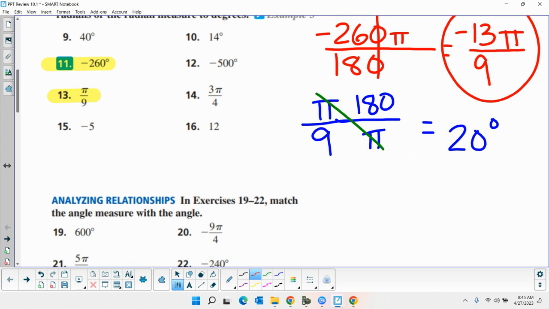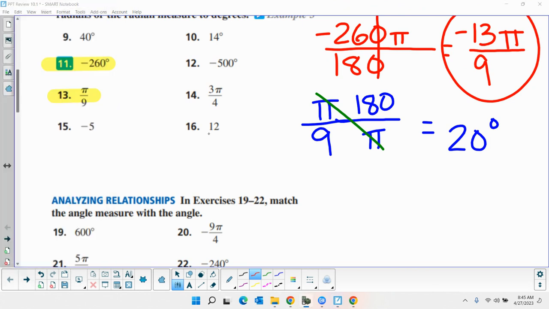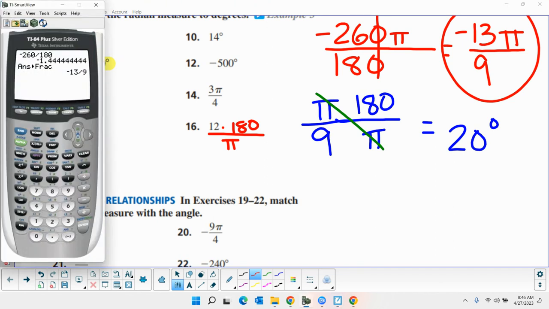And 16. Now, that doesn't have pi in it, all right? So you actually do use the pi symbol in your calculator. So this was radians, so we do times 180 over pi. There's no pi to cancel out. So in your calculator, you just do 12 times 180, and then divided by pi, and pi is second caret.